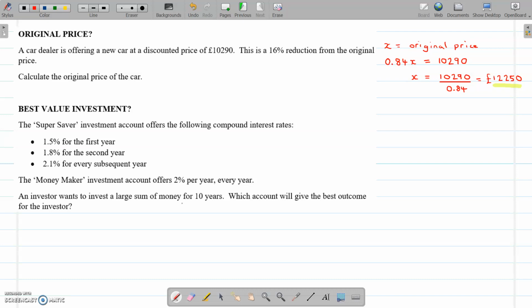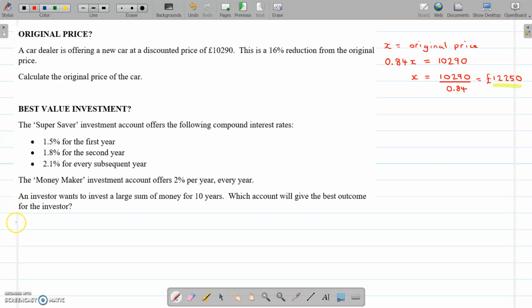Well, the thing is, it doesn't say how much is to be invested, but that doesn't actually matter in the problem. We can just call it X. Whatever it is, the success rate is going to be proportionally the same for whatever amount is invested.